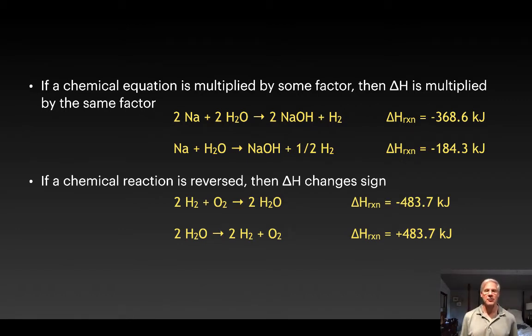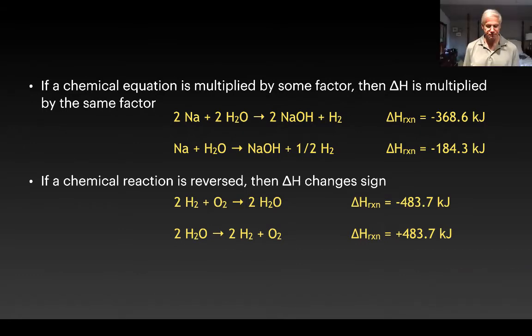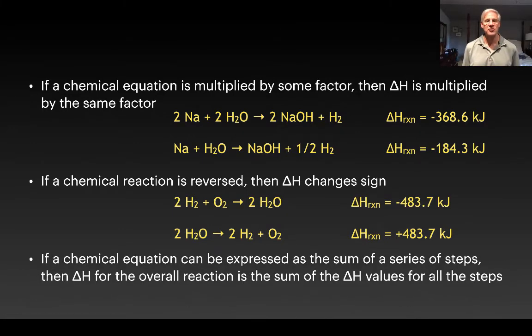If I flip that reaction, now I have 2H2O going to 2H2 plus O2. That is now an endothermic reaction with the exact same magnitude. So we have a delta H of positive 483.7.